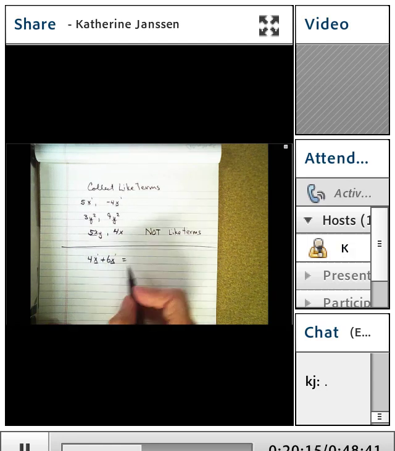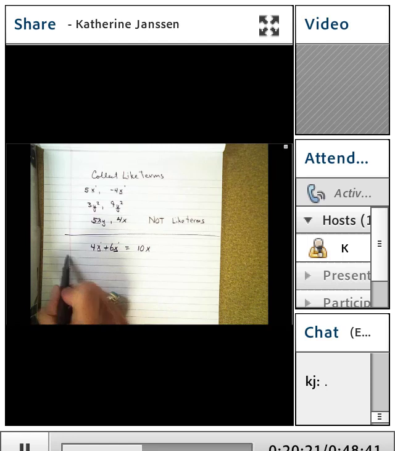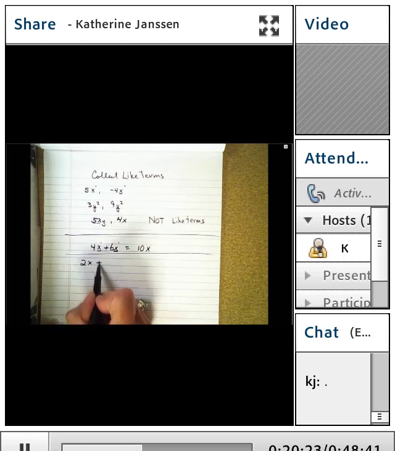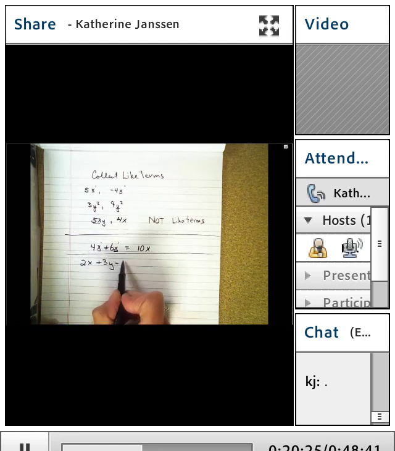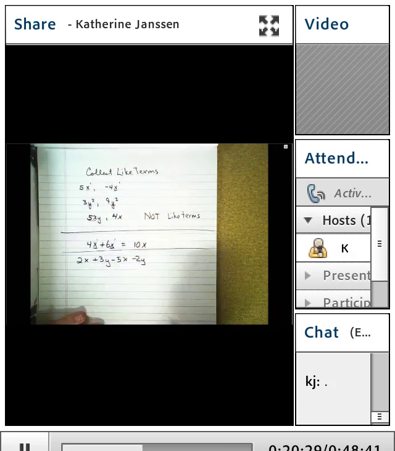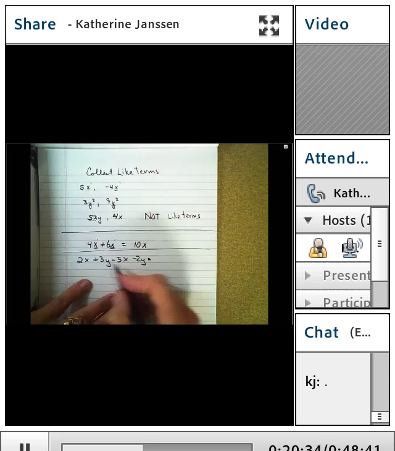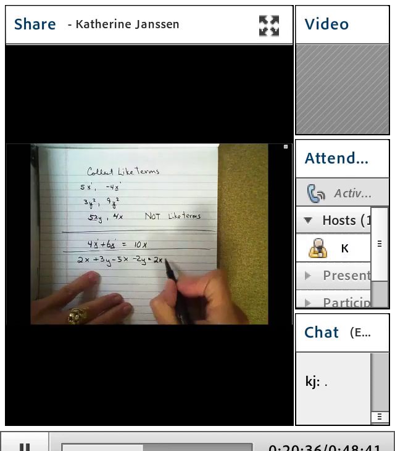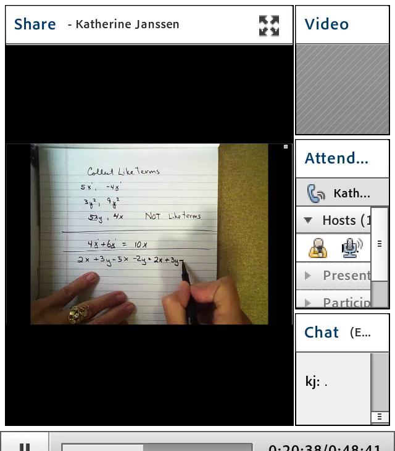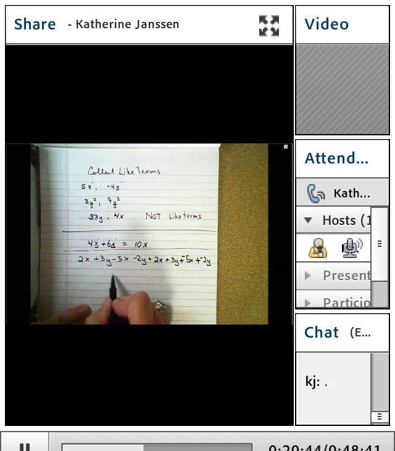So I actually have 10x. 2x plus 3y minus 5x minus 2y. I see subtraction here, so I'm going to rewrite this. Change subtraction to addition and add the opposite. Now I can collect like terms.